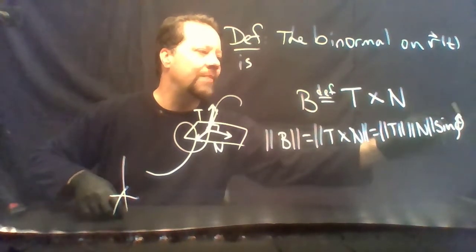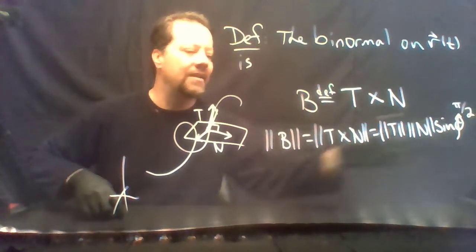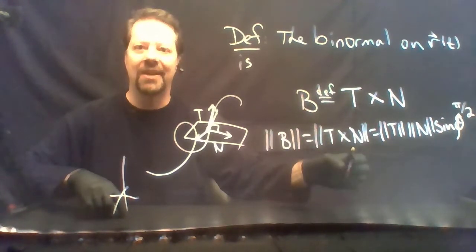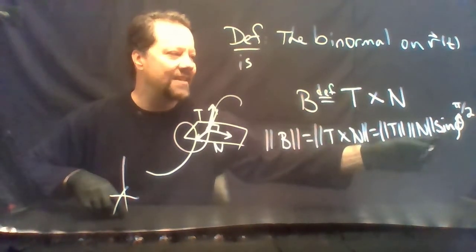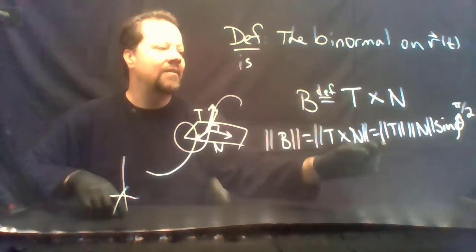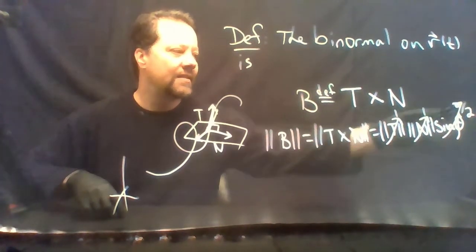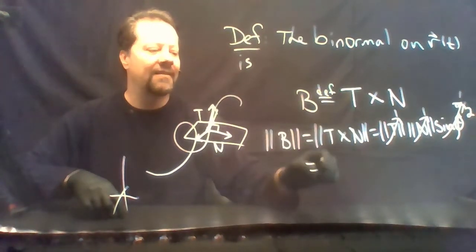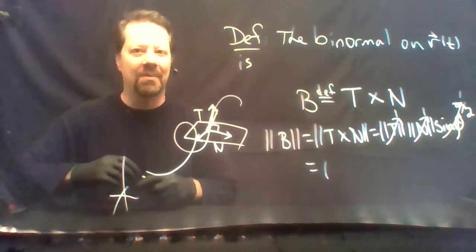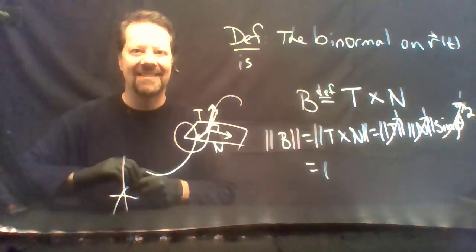But theta is pi over 2 because these are at a right angle to each other. That means the sine of pi over 2 is 1, the norm of t is 1, the norm of n is 1, so the norm of the binormal is 1 by design.